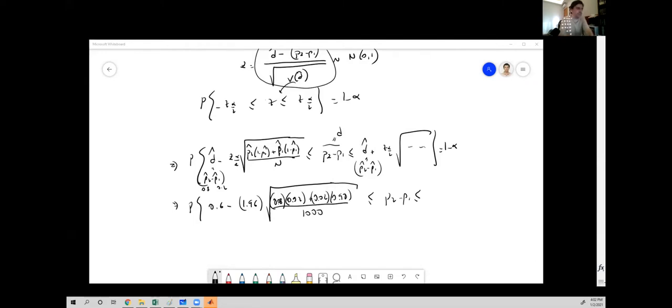And let's now find this whole square root expression here. 1.96 times the square root of 0.8 times 0.92 plus 0.2 times 0.98, divided by 1000.